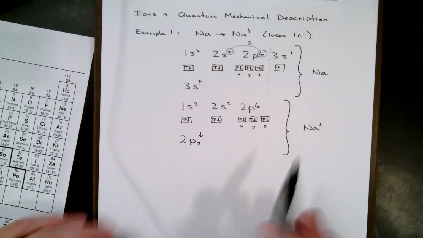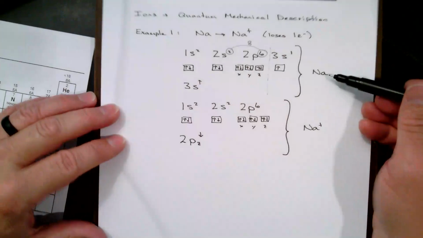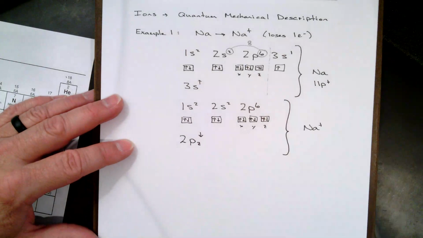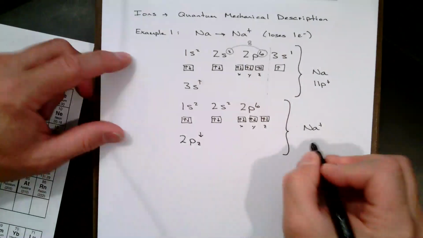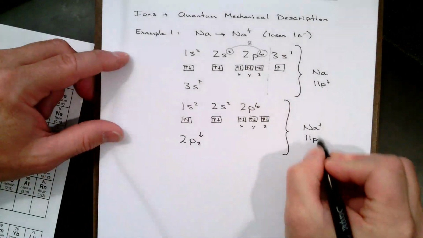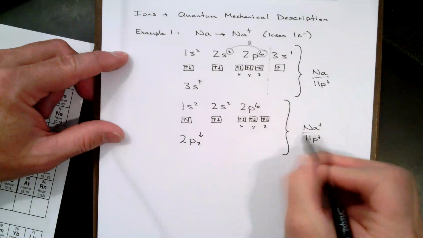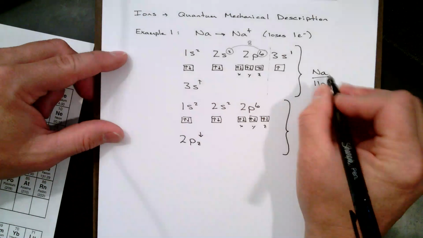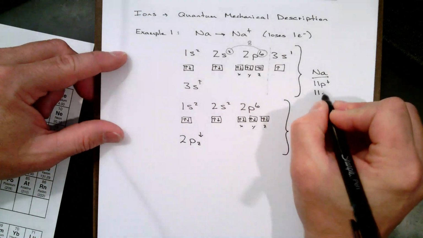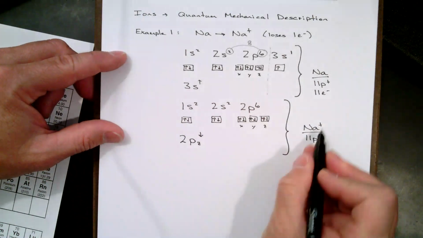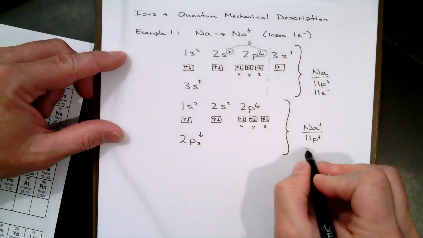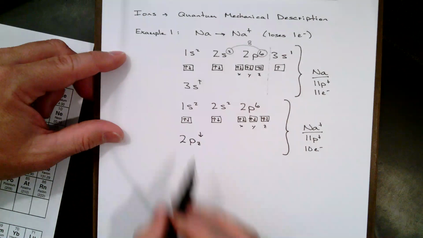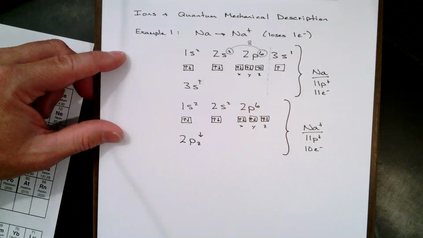So notice Na always will have 11 protons, and Na+ will always also have 11 protons. This atom of Na has 11 electrons, but this ion of Na only has 10 electrons. It turned into a positive ion.